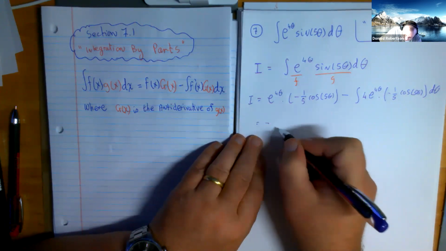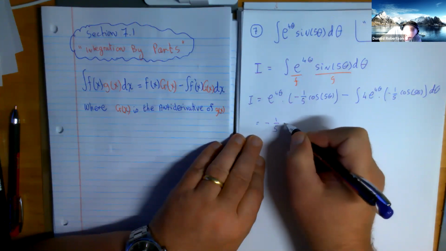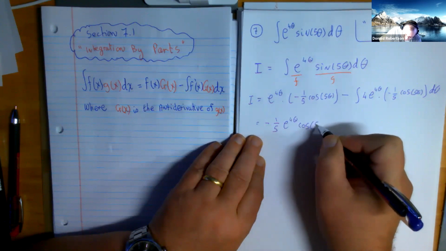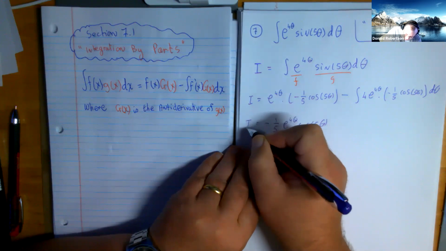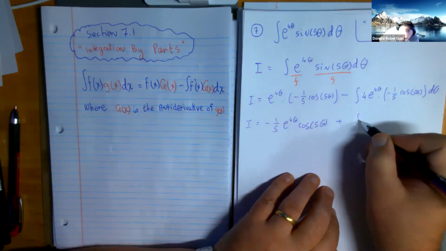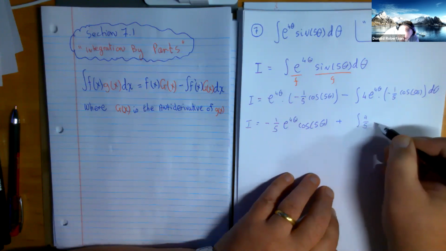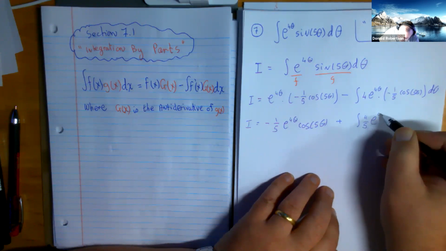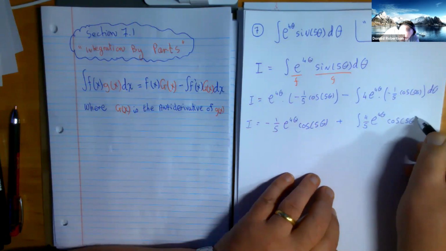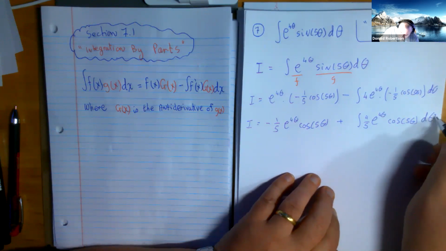And let's make it look slightly nicer. Two negatives make a plus. That's 4/5 e to the 4 theta cosine of 5 theta d theta.